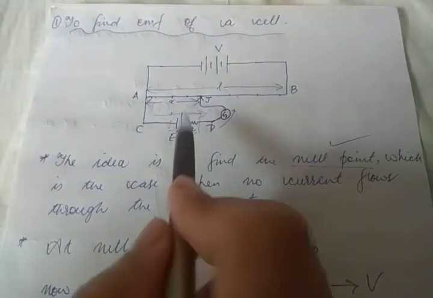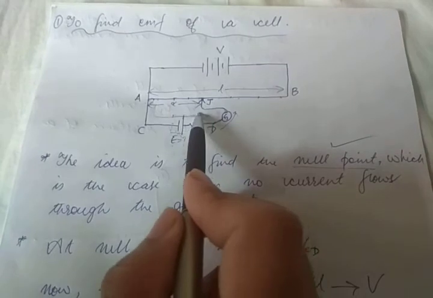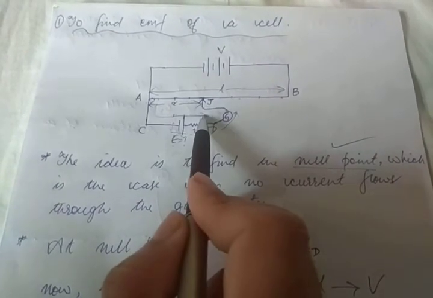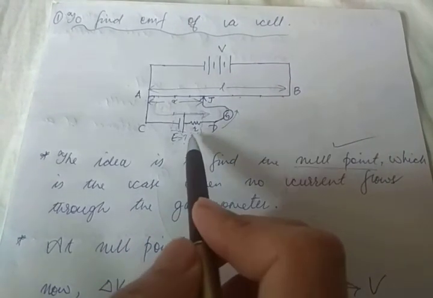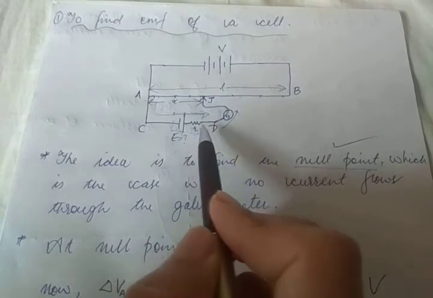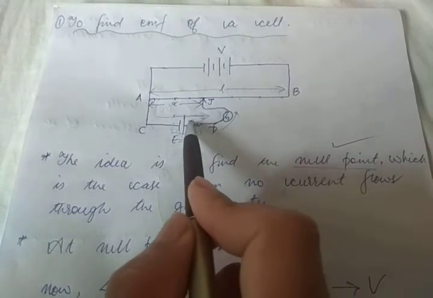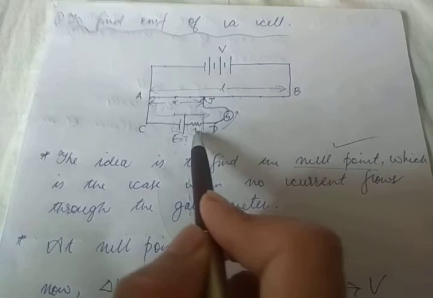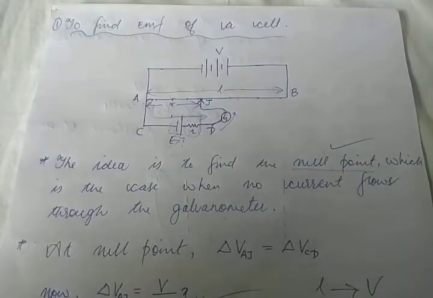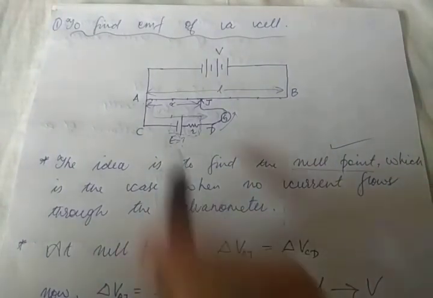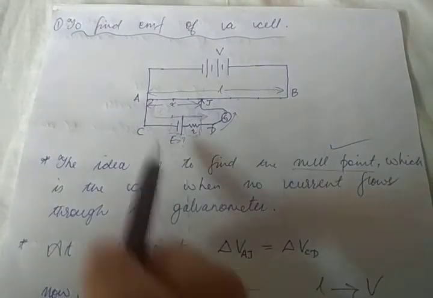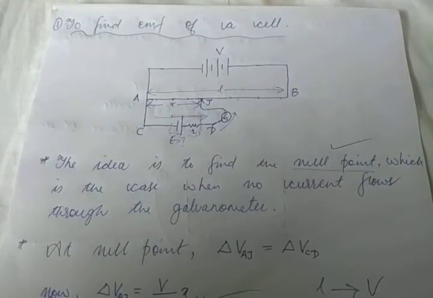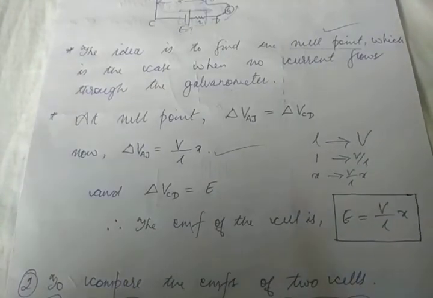Now since there is no current flowing in the lower circuit, there is no voltage drop across the internal resistance R. So the potential difference across CD will simply be E.